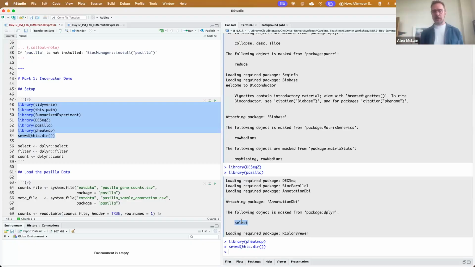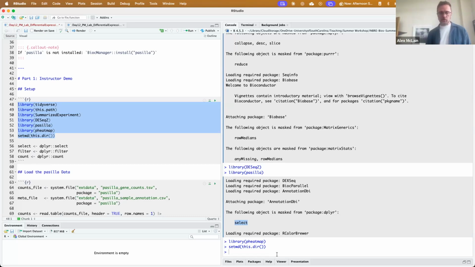I'm trying to use select, and I'm getting an error, and I can't figure out what's going on. Well, what happens is R is trying to use a different version of select by default instead of the dplyr version. The select function we use a lot when we want to trim our data set down. It's one I use very frequently. So this happens all the time.